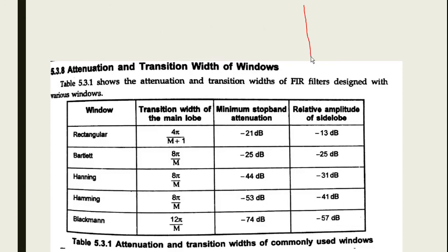So if I plot magnitude frequency response, if I consider low pass filter, so if I consider this region as well as this region, this is Kp, that is passband attenuation, and this is Ks, stop band attenuation, and this is omega p, passband region, and this is omega s, which is stop band region.